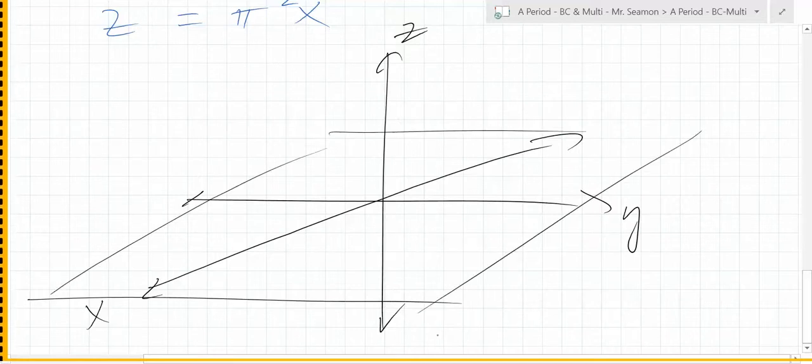If you do a cross section at the xy plane, what are the set of points that are equidistant from the x-axis and the yz plane? Wait, it was the x-axis and the yz plane. That's actually going to be this set of points, like this. And then there's also these points right there, right?